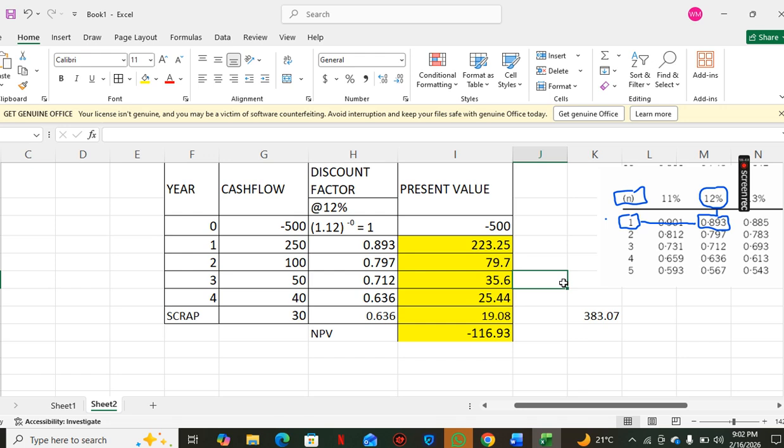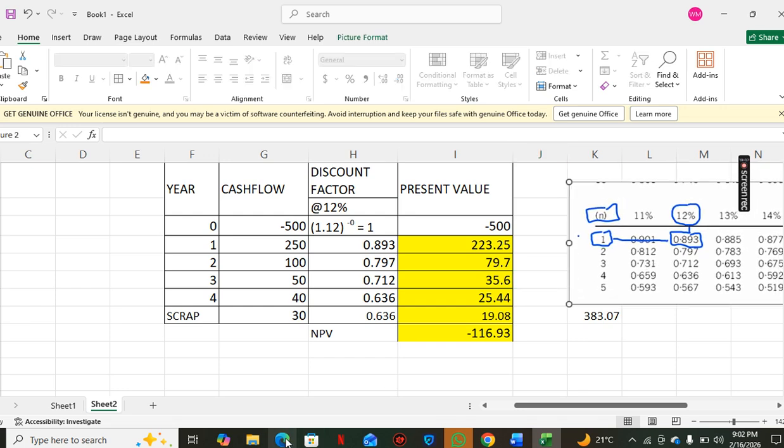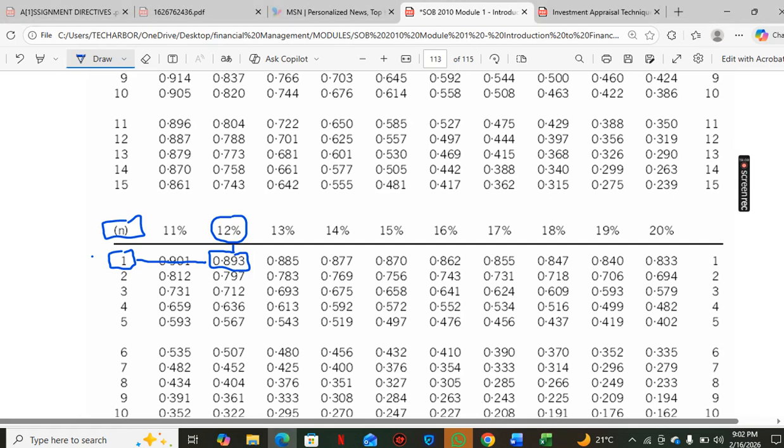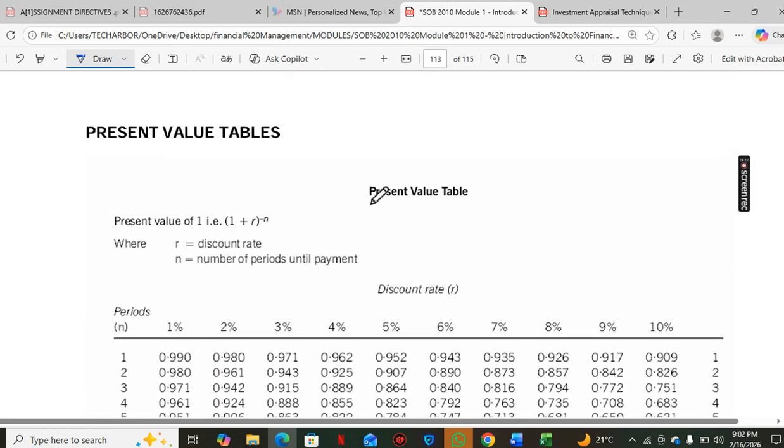Okay, sir. I'm trying to follow you. I think I'm just a bit behind on how to pick my percentage and other things on the same table. How to pick the percentage, or how to locate it? How to locate it. Okay, once you confirm it's the present value table, the percentages are on the top row.